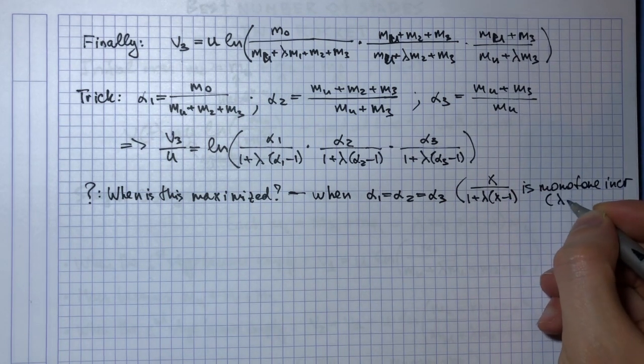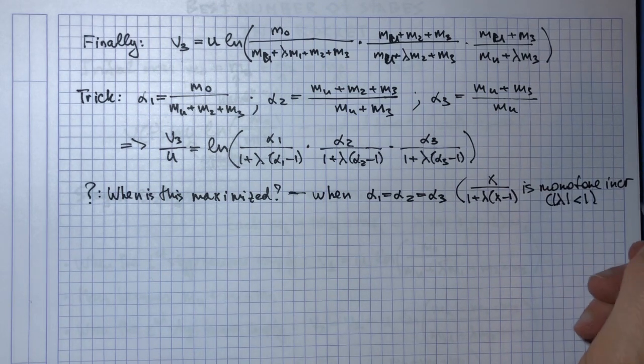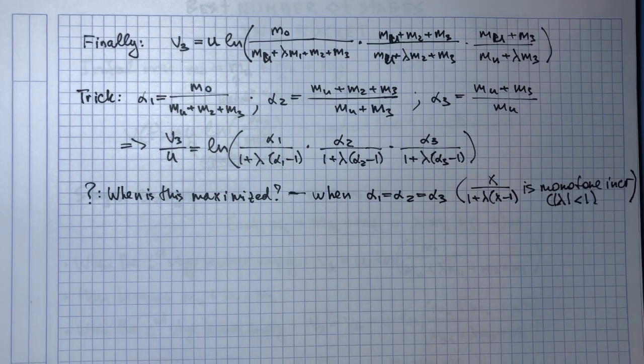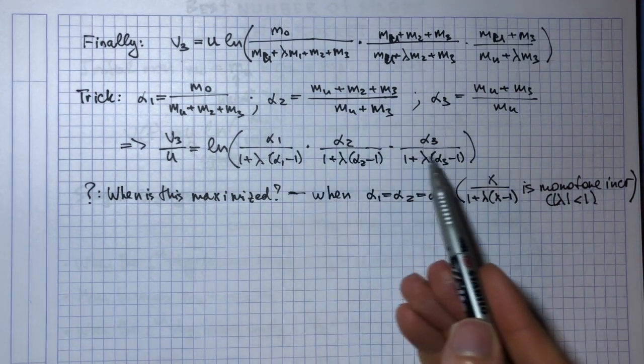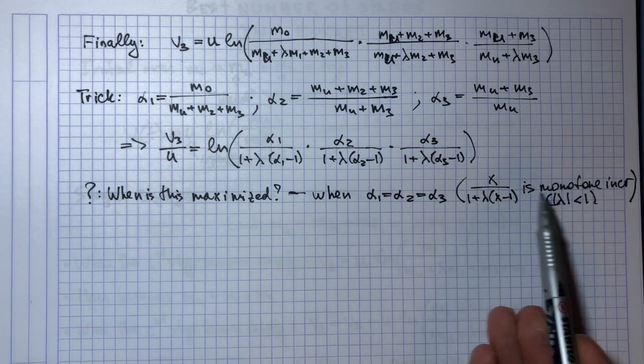And remember that the modulus of lambda is strictly less than 1, due to our model. So then you will have a product of three similar functions that are monotone increasing.